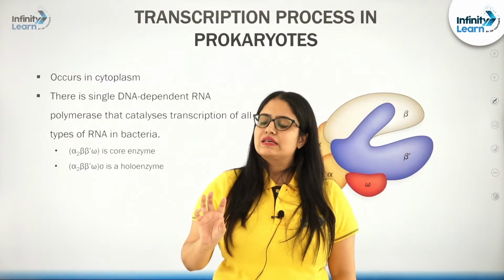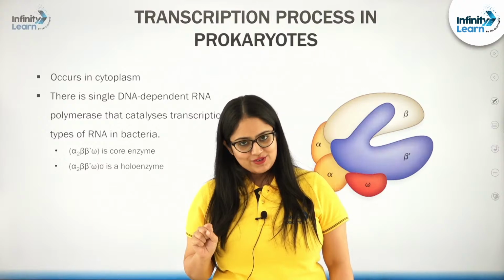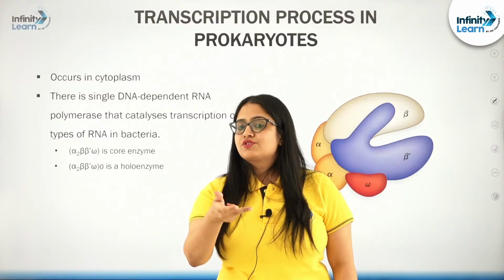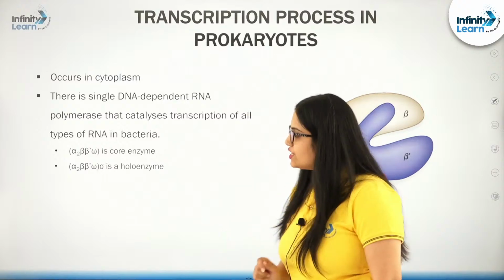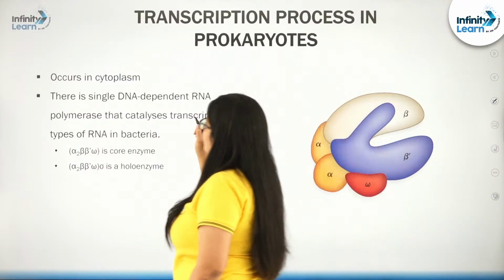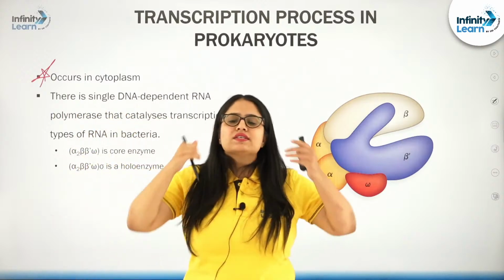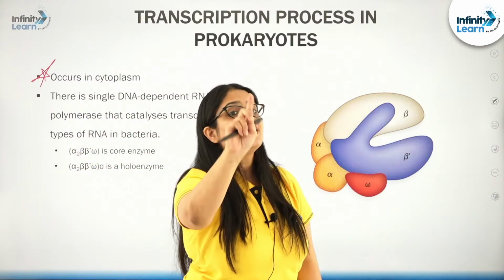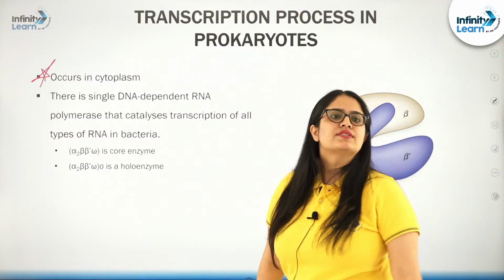So let us discuss it in a little detail, and then we will jump into the process of transcription, how it takes place inside a prokaryotic cell. First of all, the very first fact you need to understand is where this transcription process takes place in a prokaryotic cell, for example a bacterial cell.